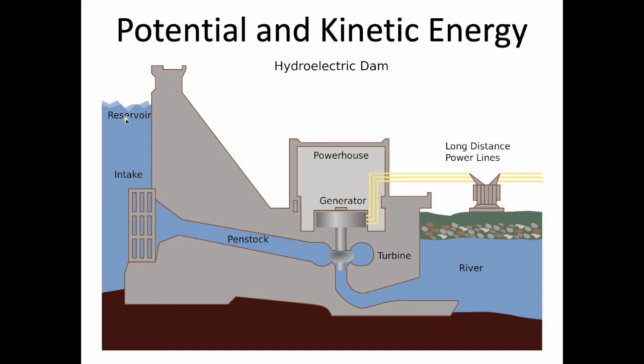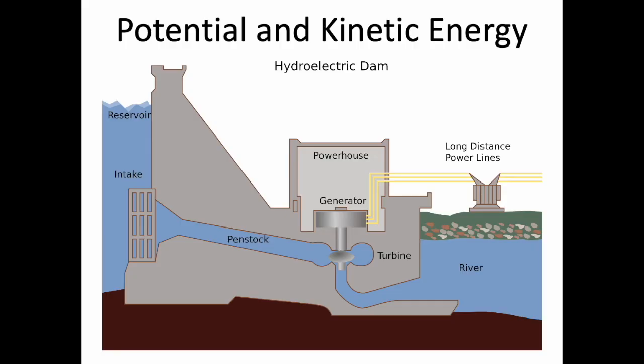It wants to flow downhill, and we're going to let it. We're going to let it flow downhill, but as it flows downhill, it's going to spin a turbine, which is going to generate electricity. This hydroelectric dam is converting potential energy of this water into electrical energy.